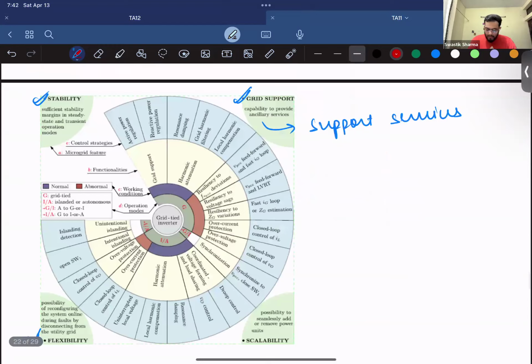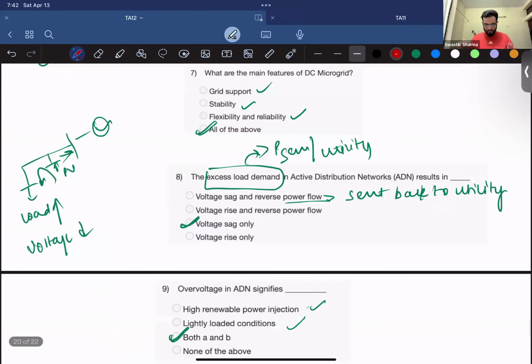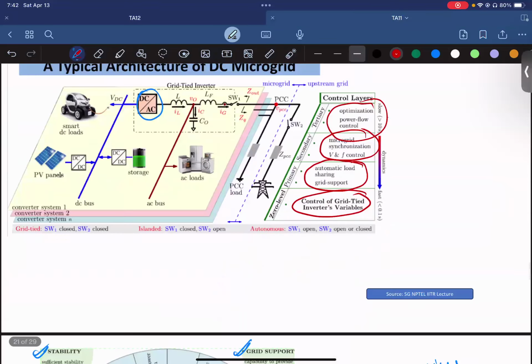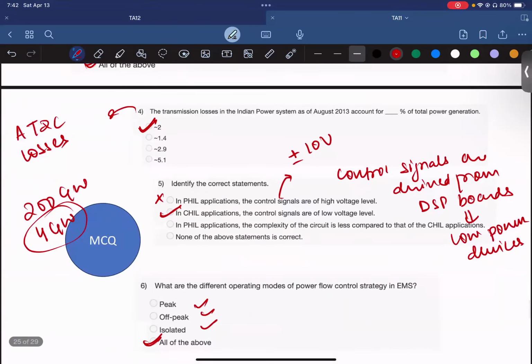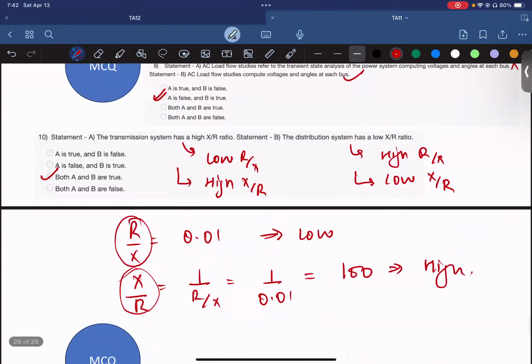Okay, so any doubt up until this point? I think one question I saw in the last week. Transmission system has R by X ratio. Transmission system and distribution system. Okay, Dharani. See, this was last week only, I remember.